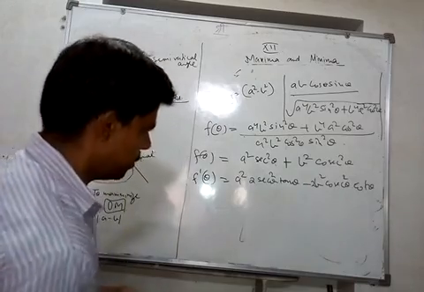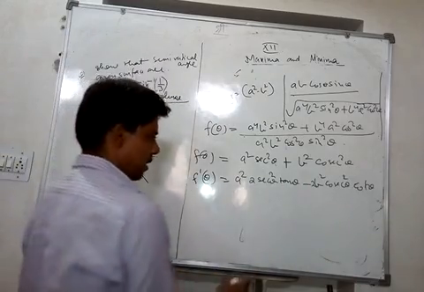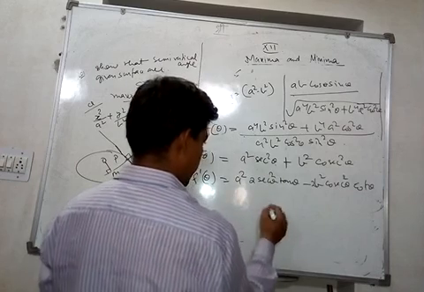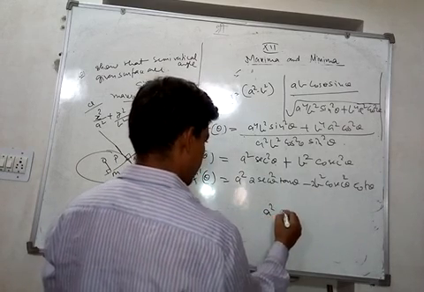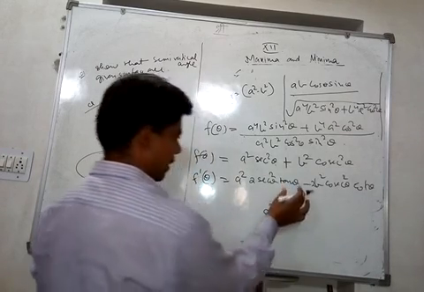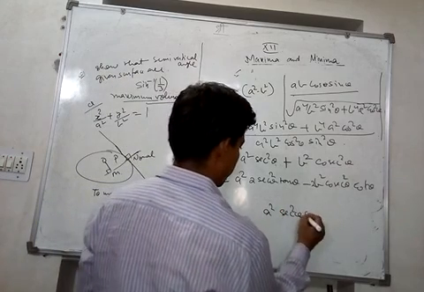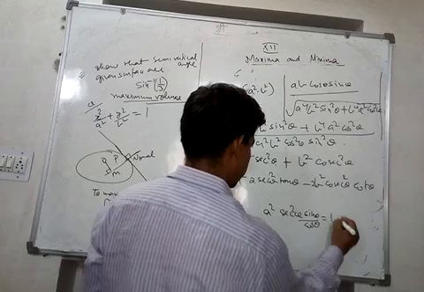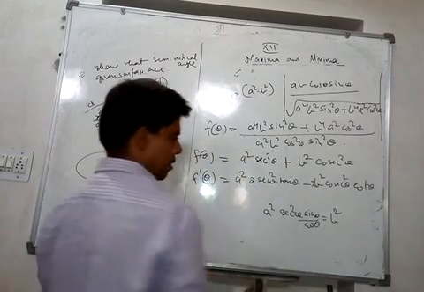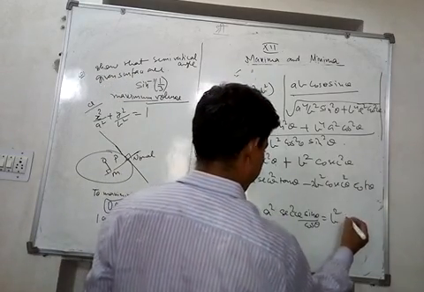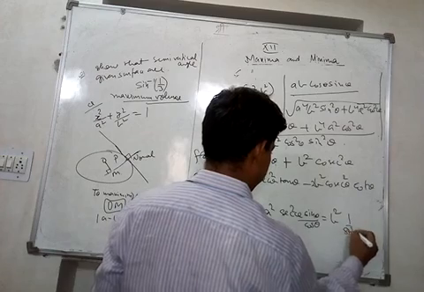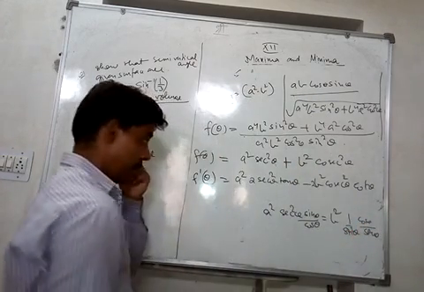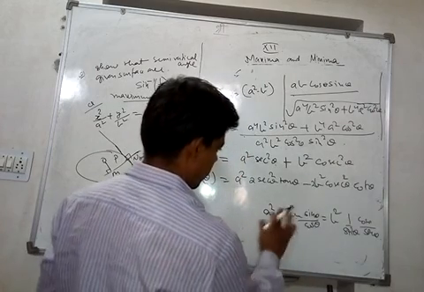Now we can put this equal to 0 to get the critical point. 2 and 2 get cancelled, you get a² sec² theta tan theta, where tan theta is sin upon cos theta, equal to b² cosec² theta, which we can write as 1 upon sin² theta, times cos theta upon sin theta.